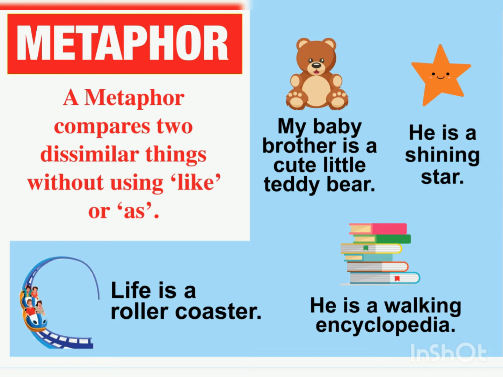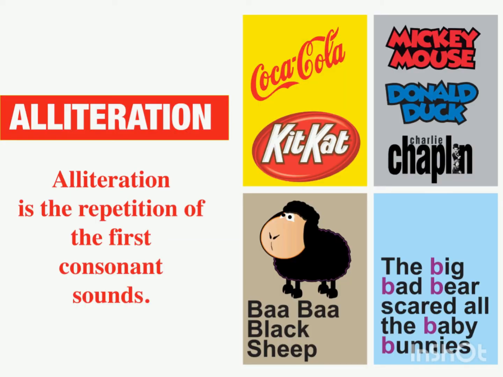Some more examples are, life is a roller coaster. My baby brother is a cute little teddy bear. He is a walking encyclopedia. He is a shining star. So here you can see that two different things are being compared together, but we do not use like or as.